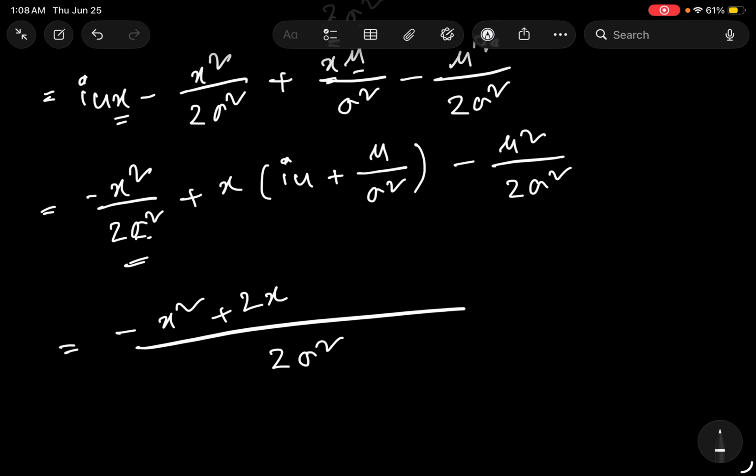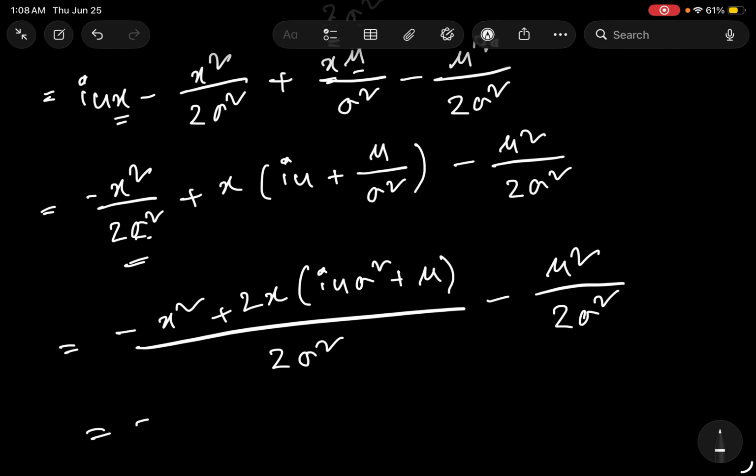Push that sigma square inside, it becomes iu sigma square plus mu, minus mu square by 2 sigma square. Take this minus outside, it becomes this.